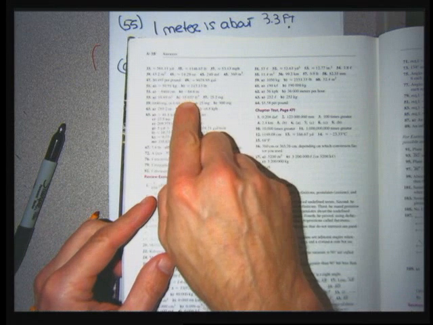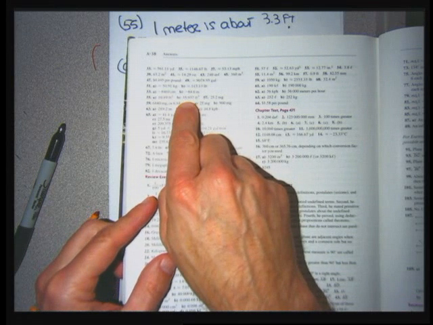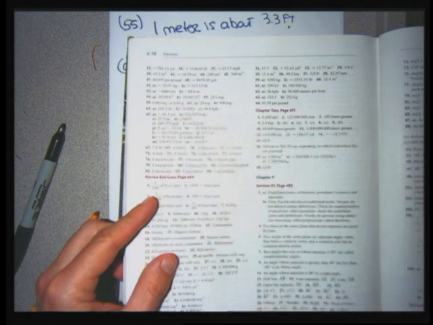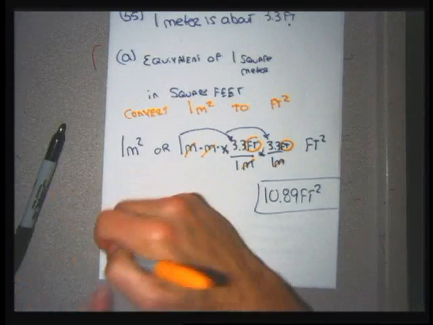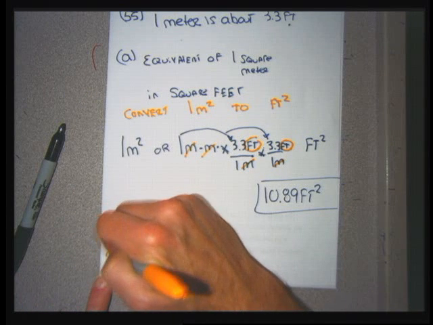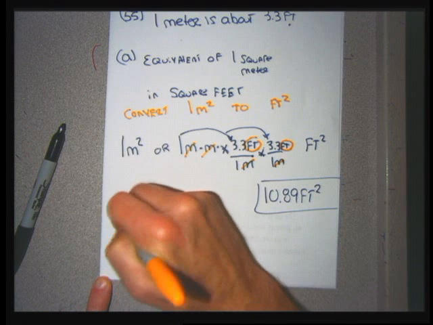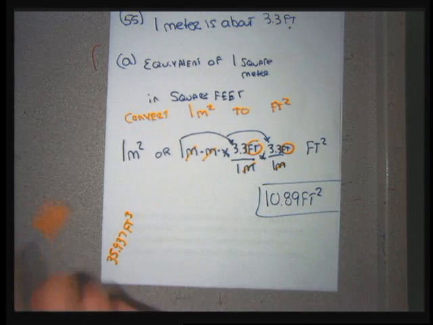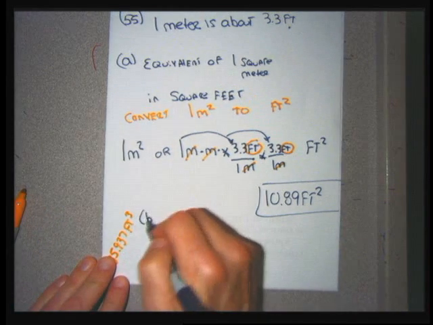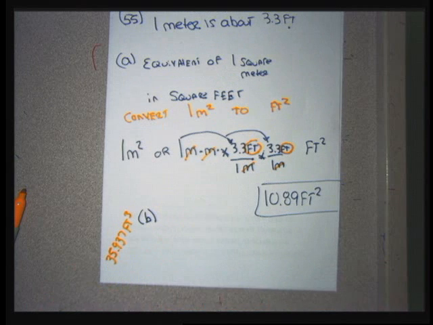For the next problem, on part B, I'm trying to get 35.937 feet cubed. So I should probably remind myself that I'm searching for 35.937 cubic feet. What part B wants me to do in this problem, if I read this, is that basically I want to find the equivalent of 1 cubic meter in cubic feet.